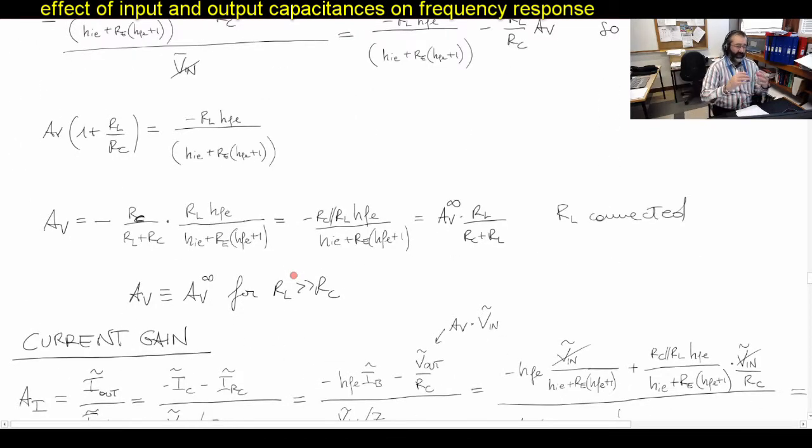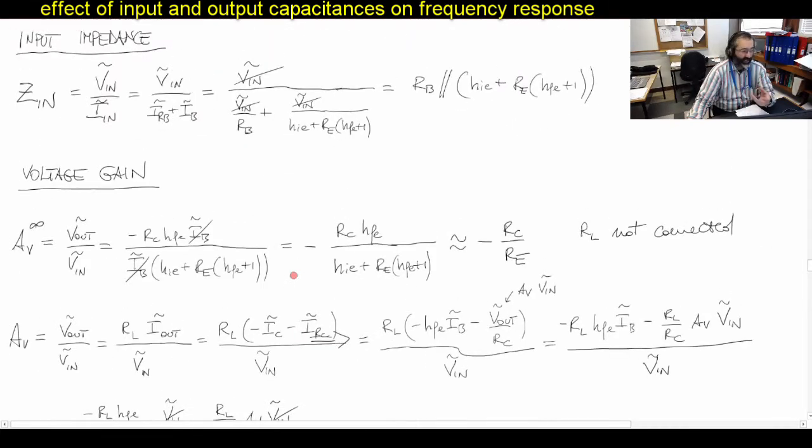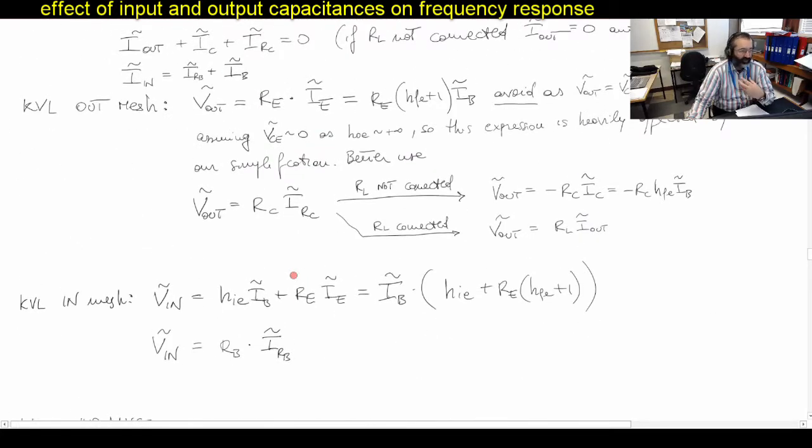So, the last thing I wanted to discuss with you is the effect of the other capacitors that were at play in the circuits we've discussed today. So we had the two more capacitors, C in and C out. Let us discuss exactly what their role is in defining finally the frequency response of my amplifier.